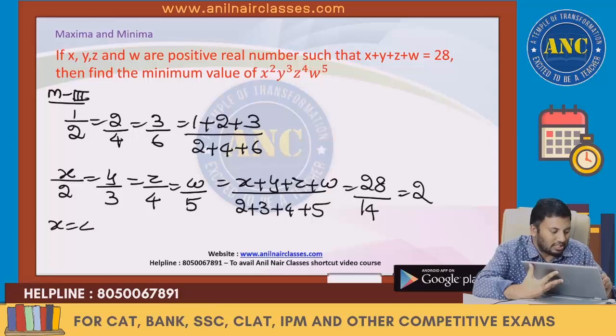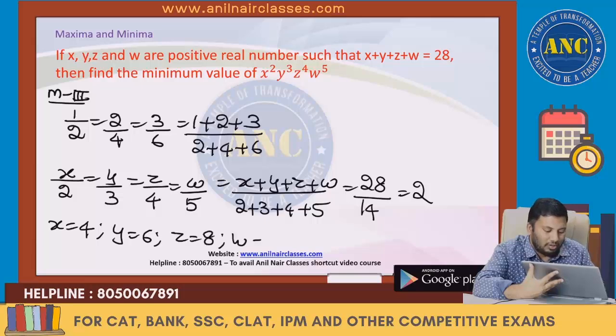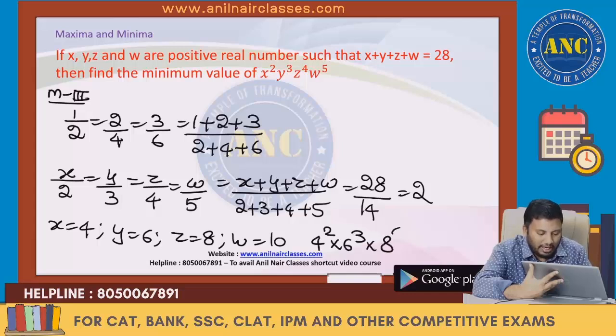So x is nothing but 4, y is 6, z is 8, w is 10. So answer is 4 square into 6 cube into 8 power 4 into 10 power 5.